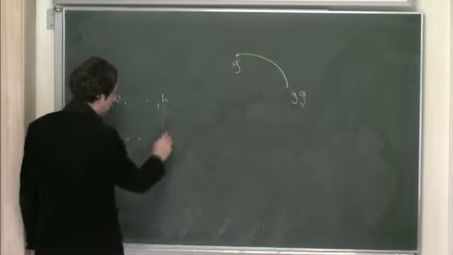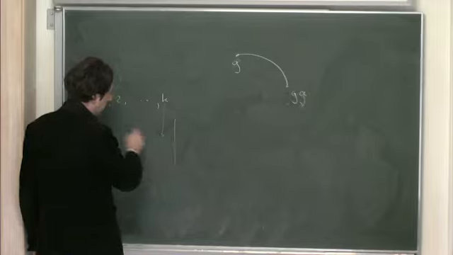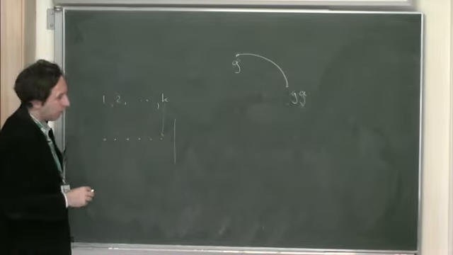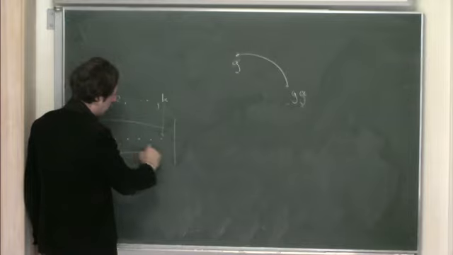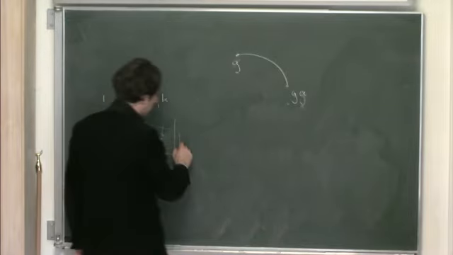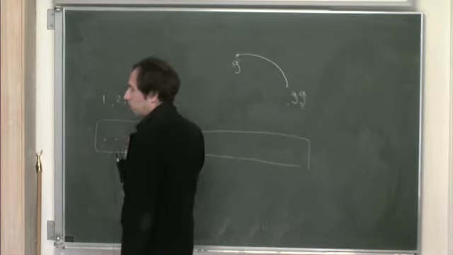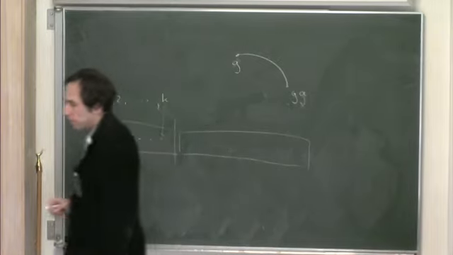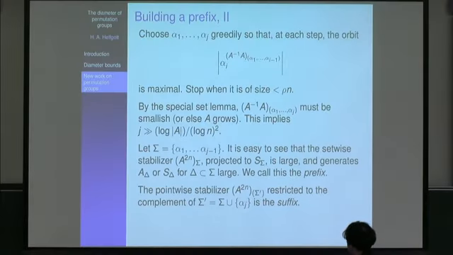And moreover, if you just stabilize this set-wise, so if you consider elements that send these points to each other, but not necessarily to themselves, and then you project to what we might call the prefix, then you get not just something that generates Alt n or Sym n, but something that is a really large subset of Alt or Sym here. That we call the prefix.